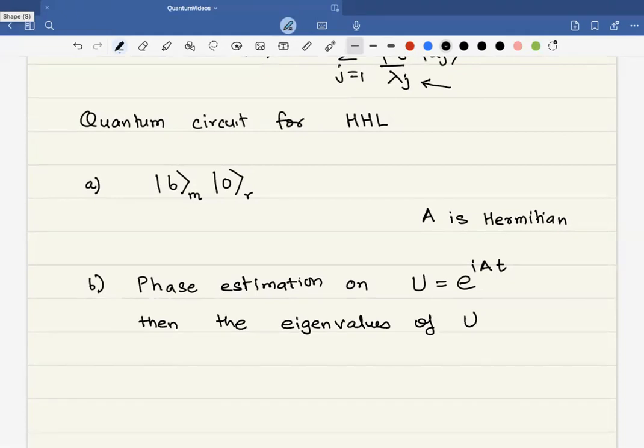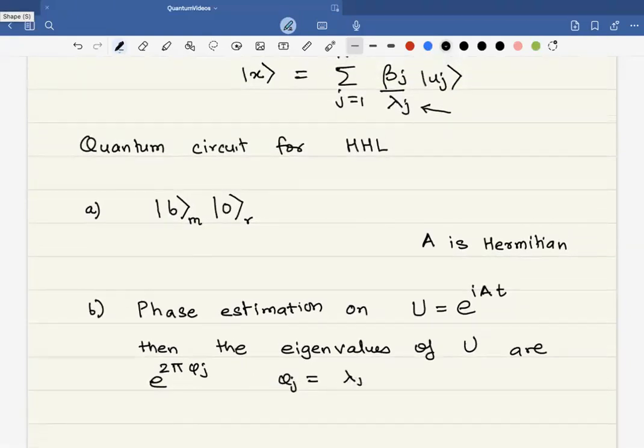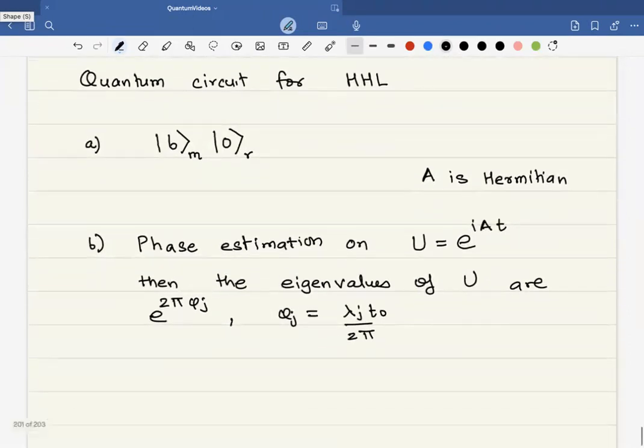Because U is e to the iAt, or e to the 2 pi i phi j, where phi j is equal to lambda j t naught over 2 pi. Right? So if we are able to do the phase estimation procedure on U equal to e to the iAt, we should get back the eigenvalues of A up to some scaling.